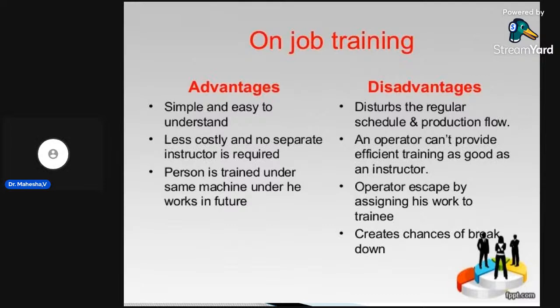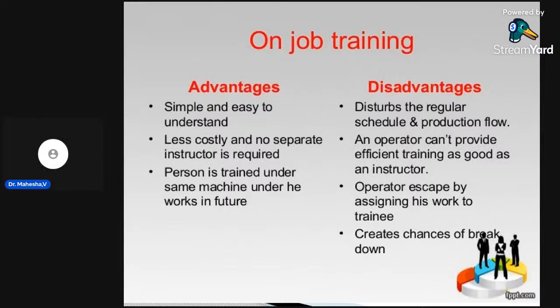No separate trainer, no separate, what you call, faculty is required to train the employee. Just the functional head or the supervisor of the group explains the complexity of the work while executing it in front of all the employees. That's why an instructor is not required and it is very less costly when compared to off-the-job training.